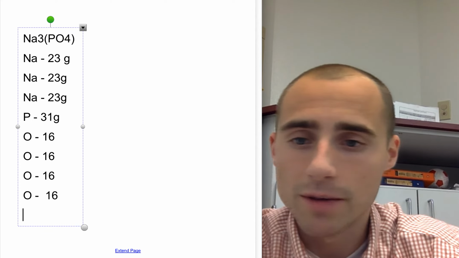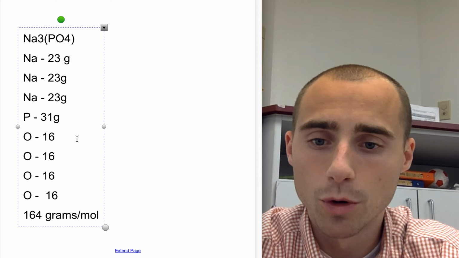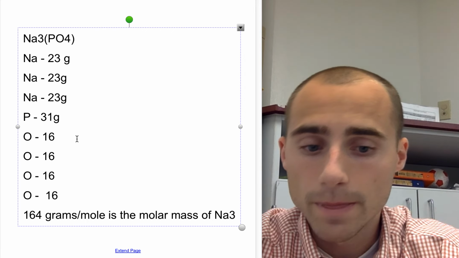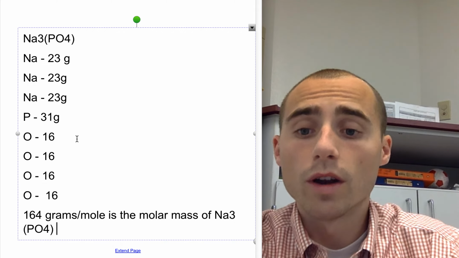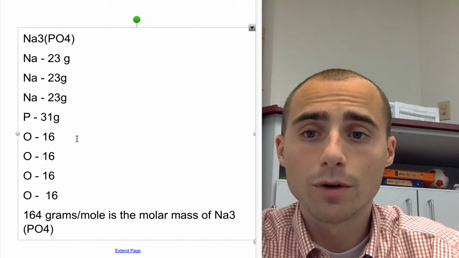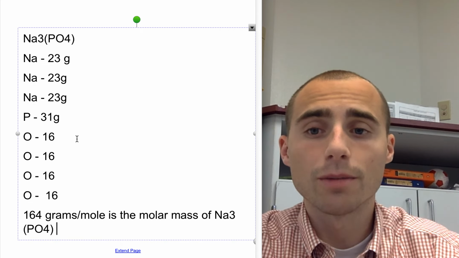Let's hope that math is right. But you just add these all together. You end up with 164 grams per mole is the molar mass of Na3PO4. So right there, 164 grams per mole would be the molar mass of sodium phosphate. So really, all you're doing is separating these out into their composite parts.